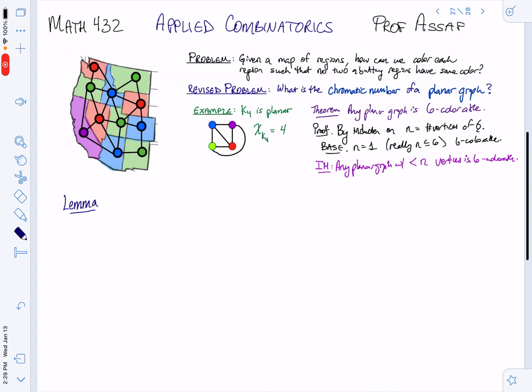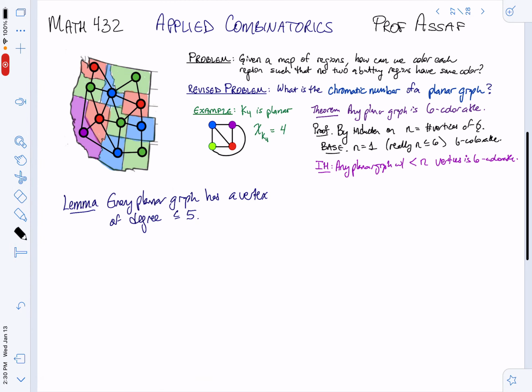Every planar graph, those are the ones we care about for this example, has a vertex, at least one, but maybe more than one, of degree less than or equal to 5. Let's go ahead and pause with that lemma.